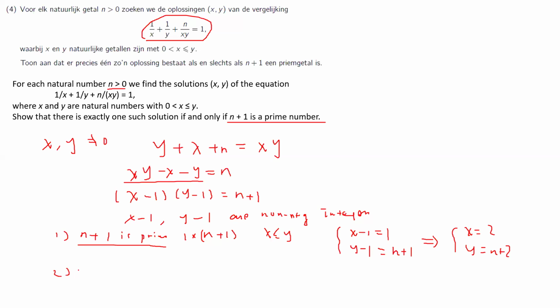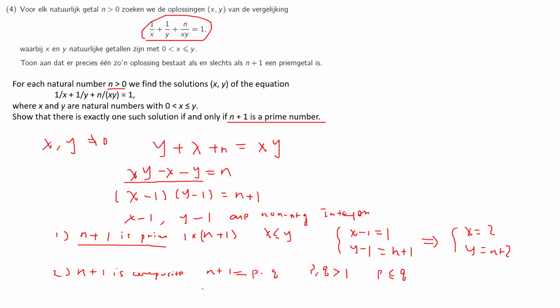So we discuss when n plus 1 is composite. If it's composite, that means n plus 1 can be written as p times q, where p and q are bigger than 1, and we can assume p is no bigger than q without loss of generality.